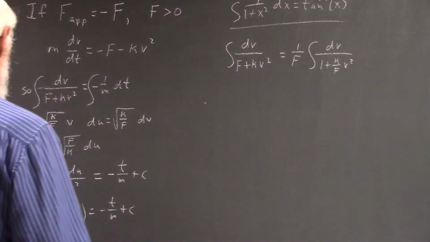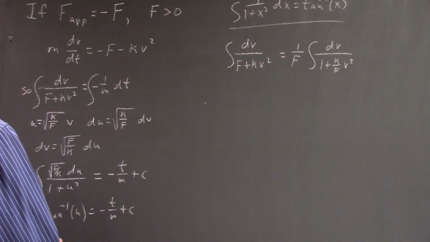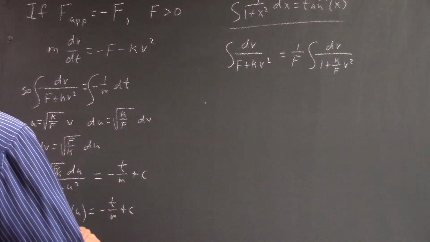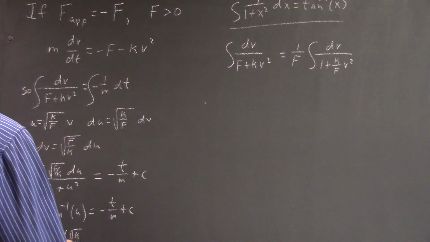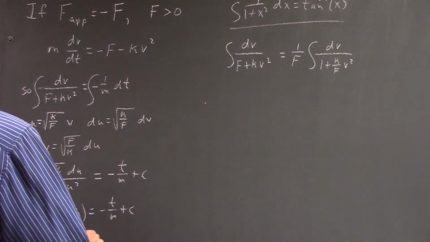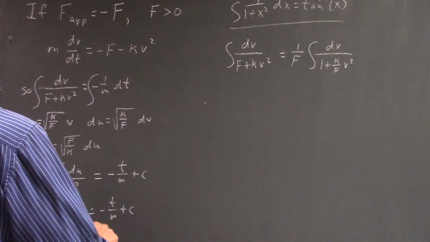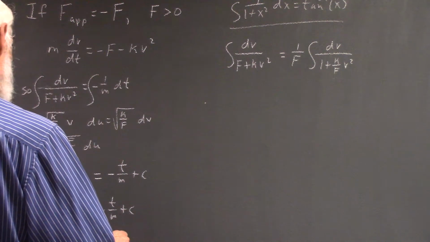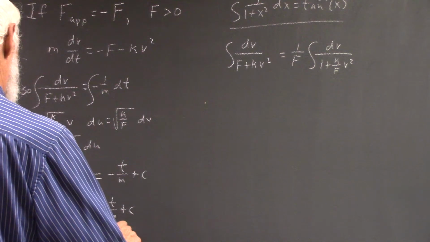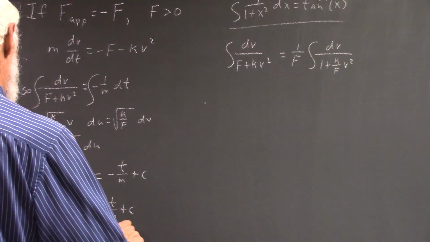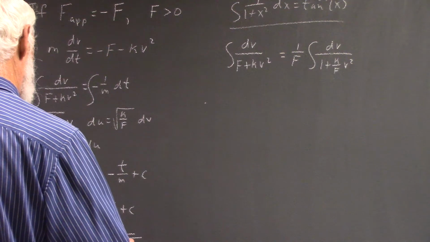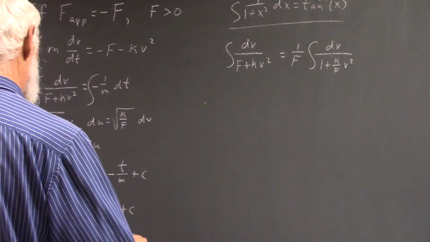So we have arctangent of the square root of kappa over f v equals negative one over the square root of kappa f m squared.